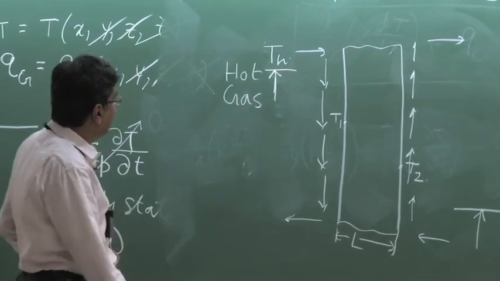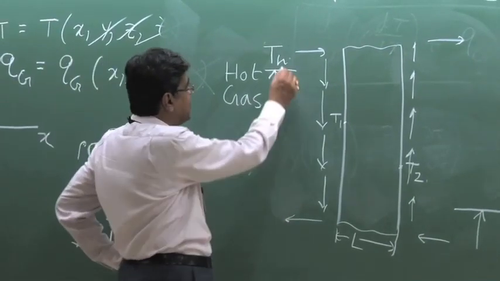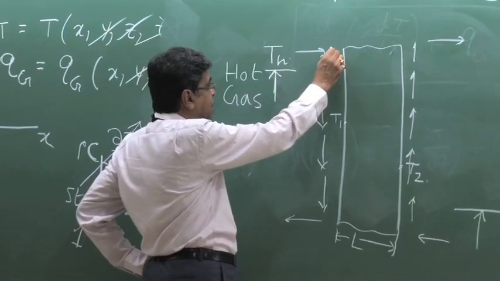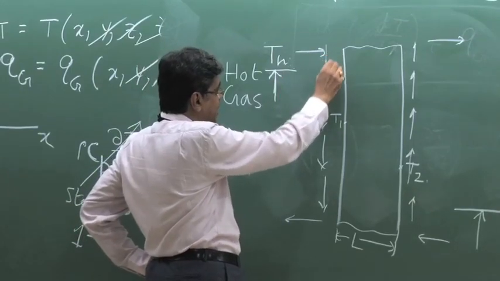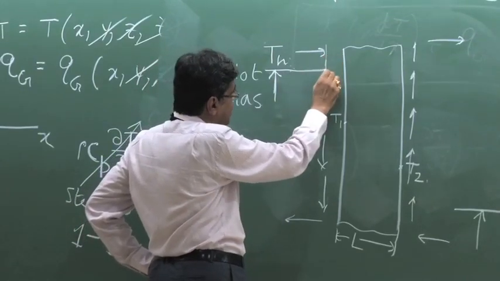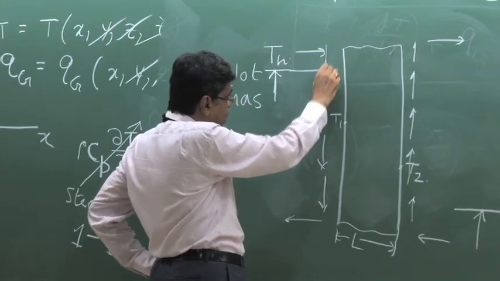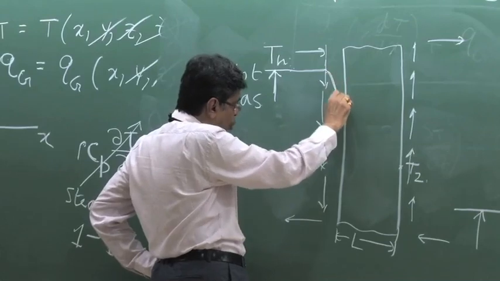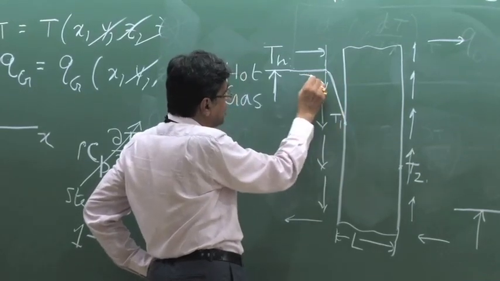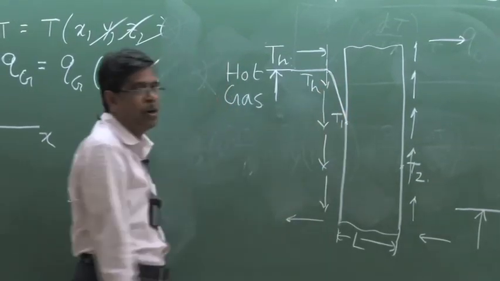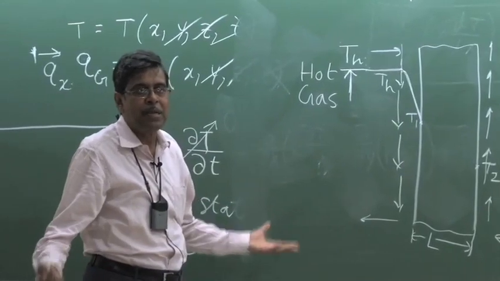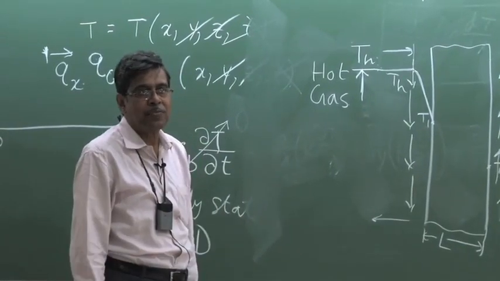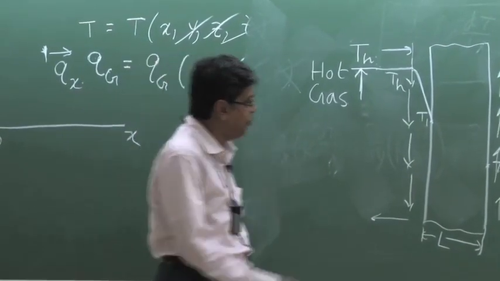This convection resistance is offered like this. If we measure the temperature, you will see TH actually goes like this, and within a thin film, let us consider this as a film, the temperature drops from TH to T1, and this may not be linear. That depends upon the convection heat transfer equation, the convection temperature field.